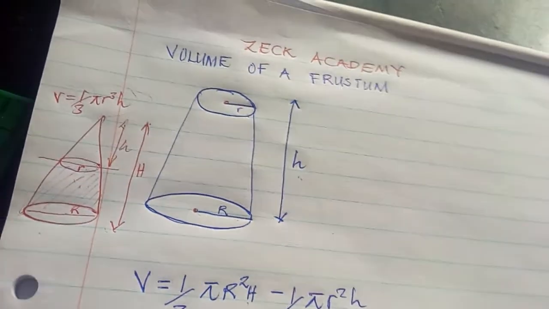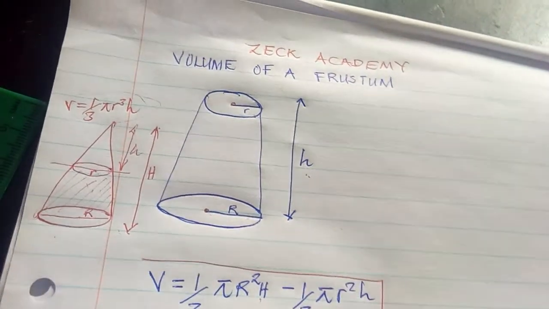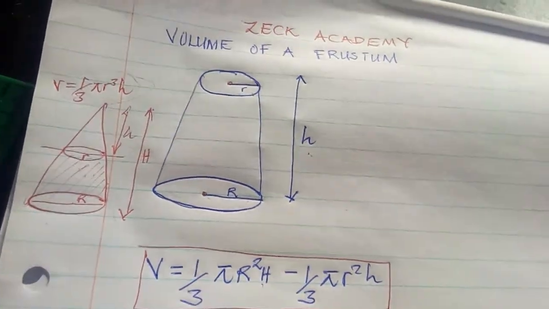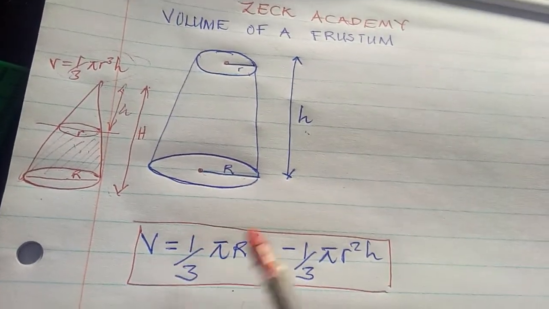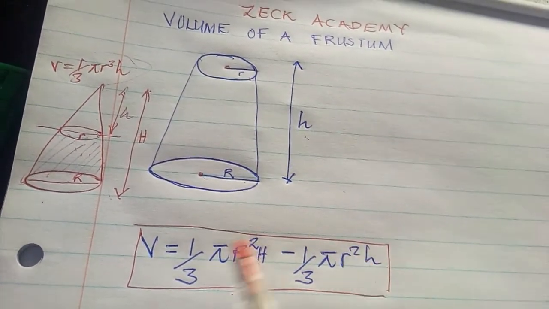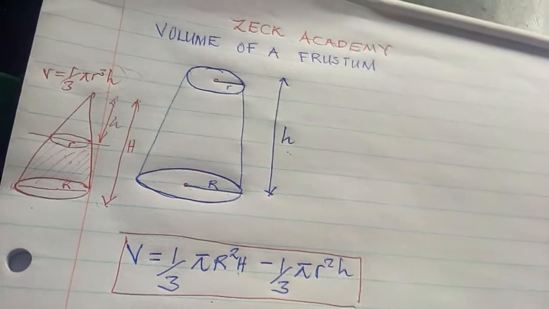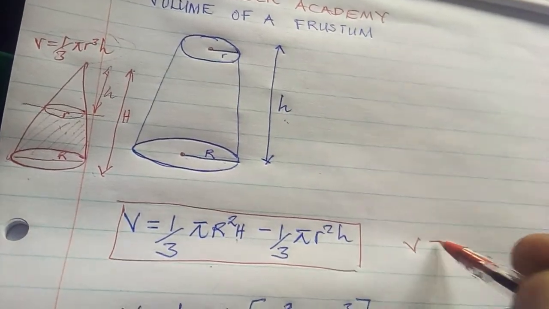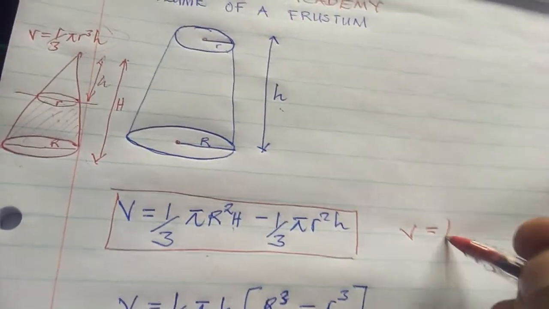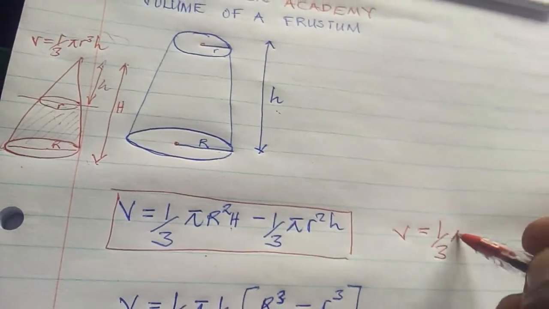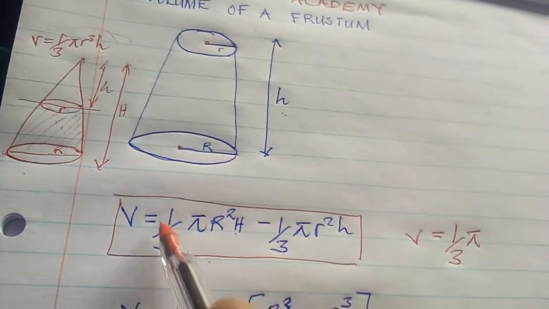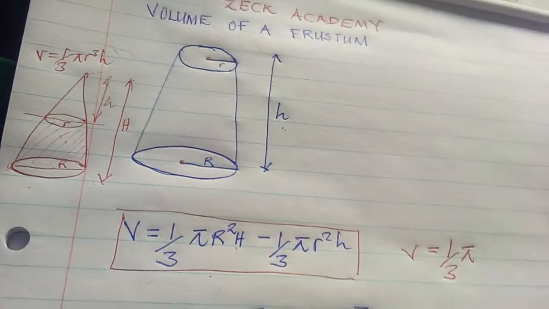So the volume of the frustum is given by the volume of the bigger cone minus the volume of the smaller cone. Or you can say the volume is equal to 1/3. We are all mathematicians, we know 1/3 is common, pi is also common.